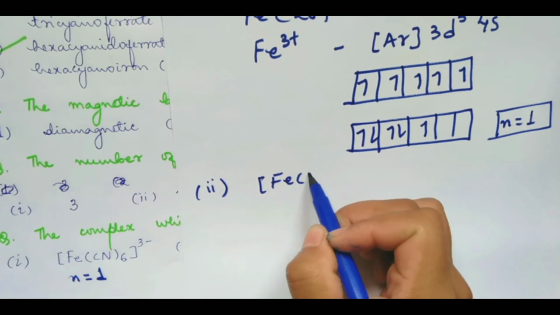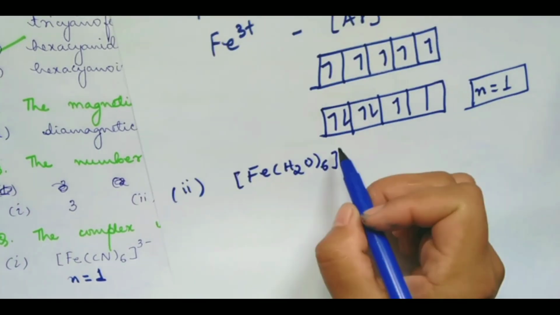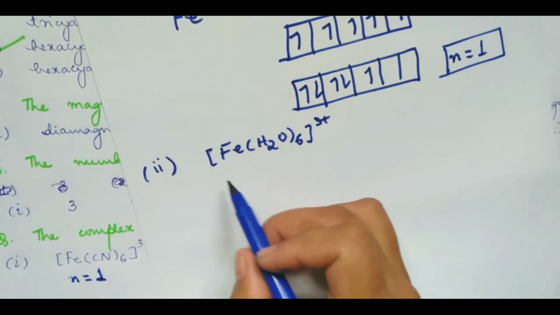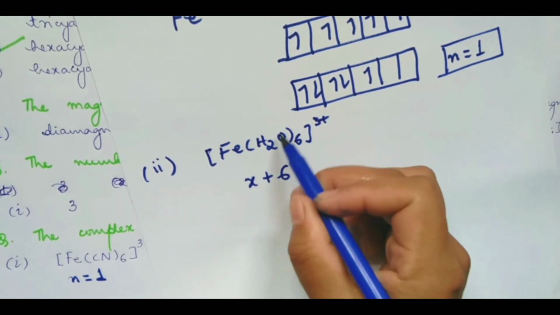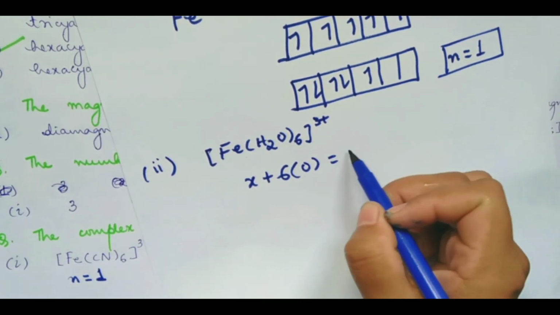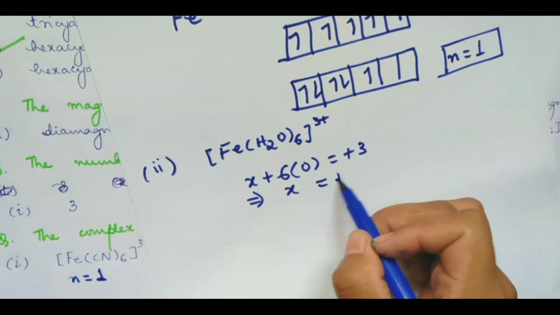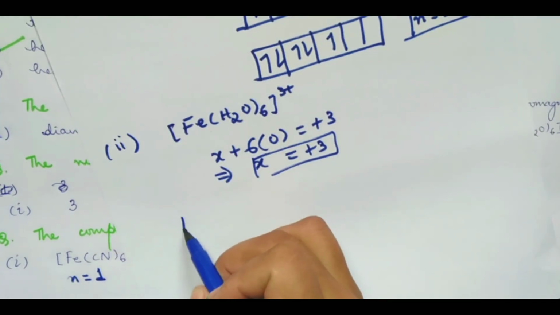Fe(H2O)6 3+. Find the oxidation state of the central metal atom. X plus 6 into the charge of this one, it is 0, equals plus 3. So iron is in the plus 3 oxidation state in this complex.